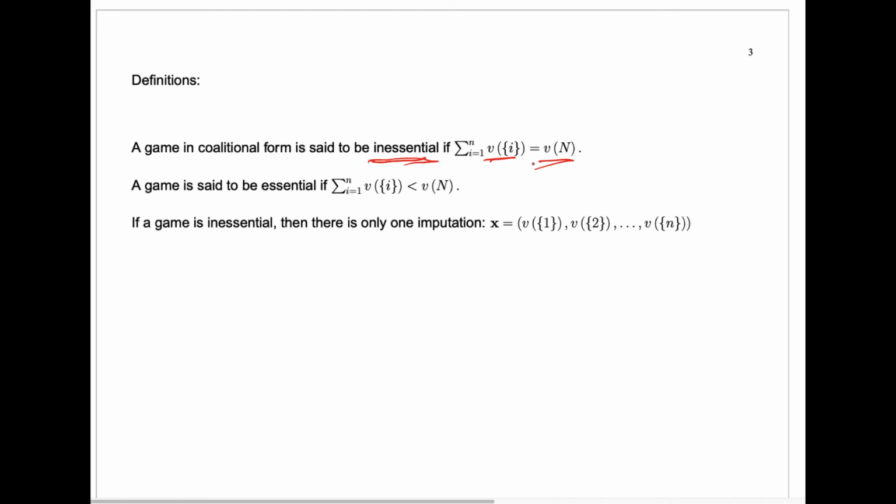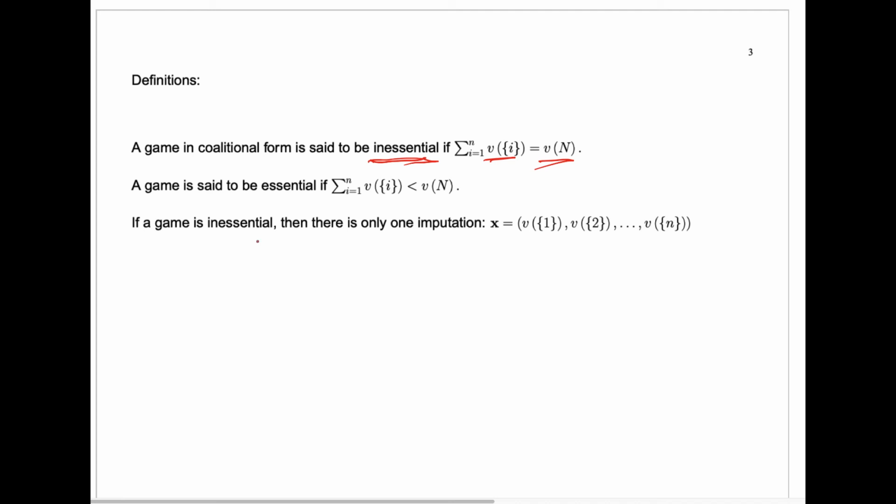Because for such a game, if each individual plays entirely by himself, all the people together get the highest total they can possibly achieve. There'll be no benefit for any player or group of players to form coalitions bigger than size 1. In other words, form any coalitions with other players, because that won't gain them anything.